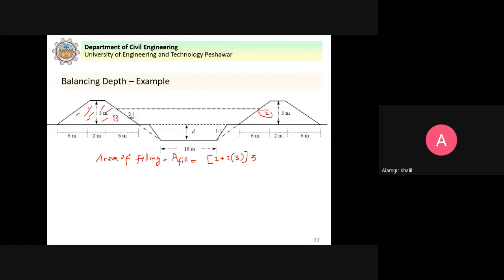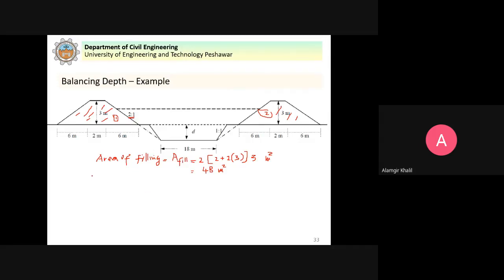Now for the second one, because of the same dimension, we simply multiply this by 2. Just need to simplify. This will be square meter. So 3 2s are 6, 6 plus 2, 8, 8 into 2, 16, multiply by 3, so 48. So this is 48 square meter.